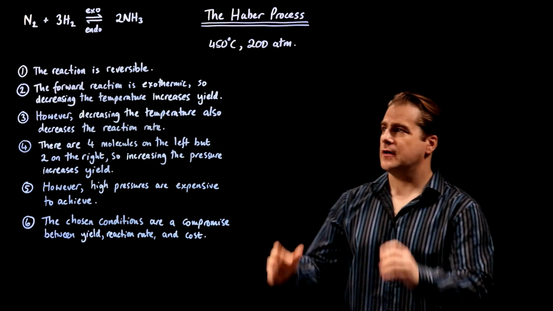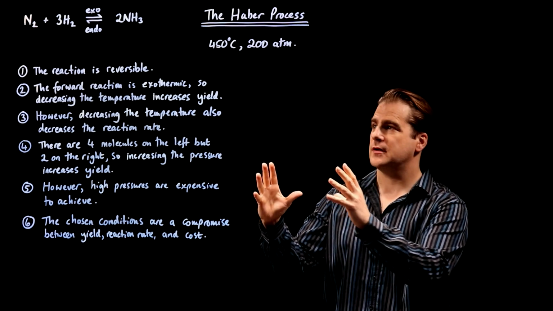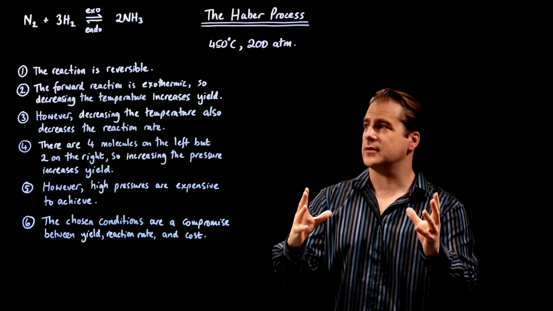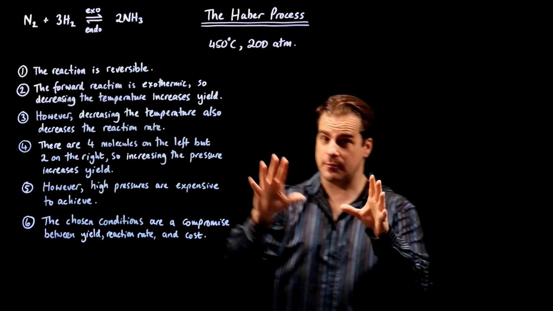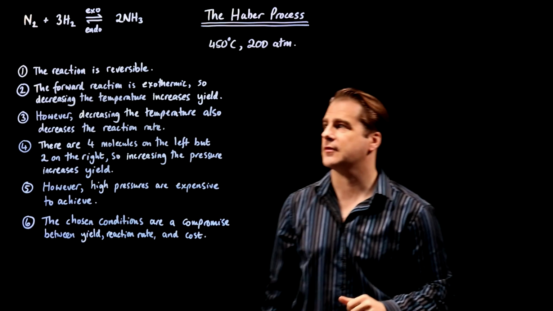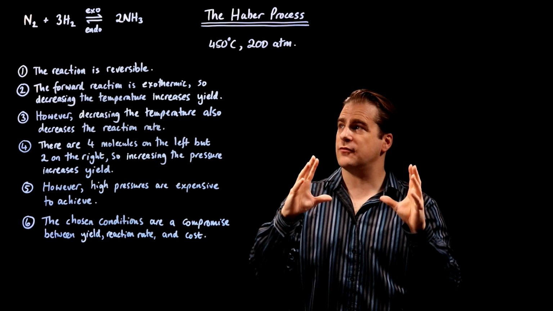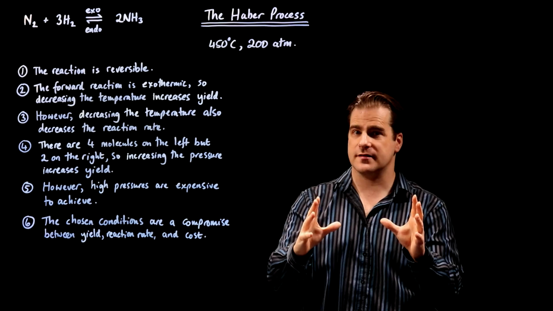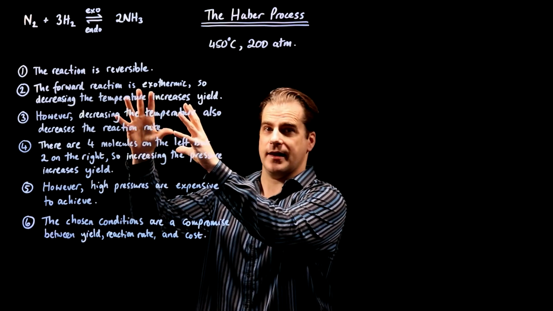So, if you try and increase the temperature, according to Le Chatelier's principle, the reaction will shift the equilibrium by trying to decrease the temperature. So, if we try and increase the temperature, that means we're putting more heat in.